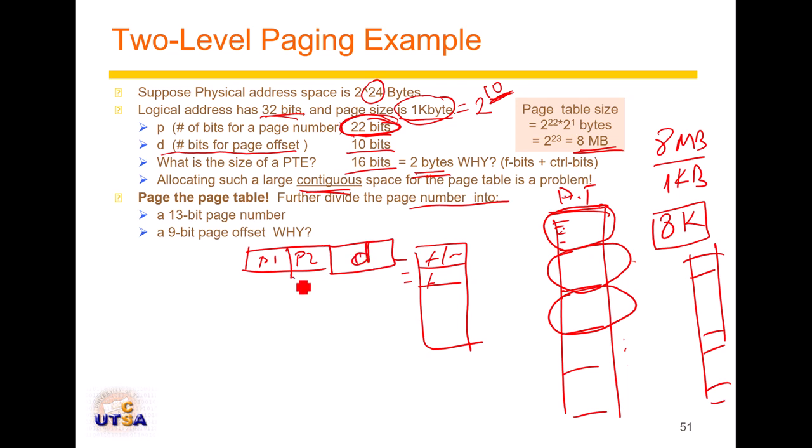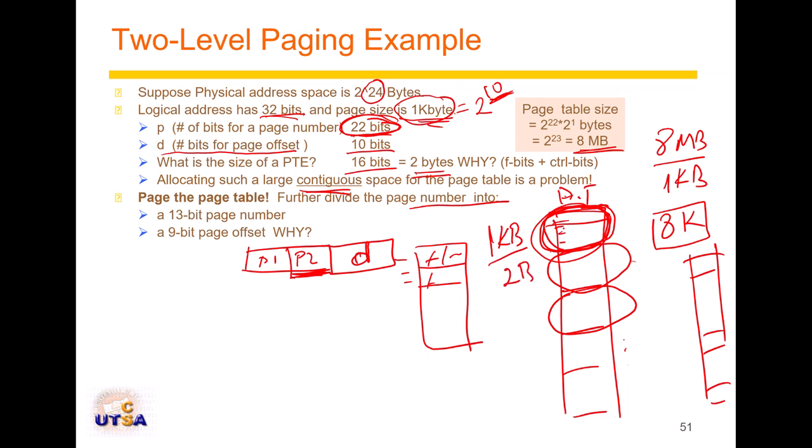So here the question is, what should be that P2? Remember what I did? I divided my page table into 1 kilobyte pages, and the size of each page here is 1 kilobyte, right? And the size of each entry will be 2 bytes, so I can divide that by 2 bytes.